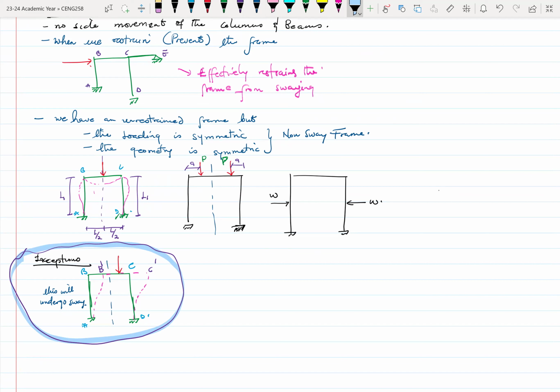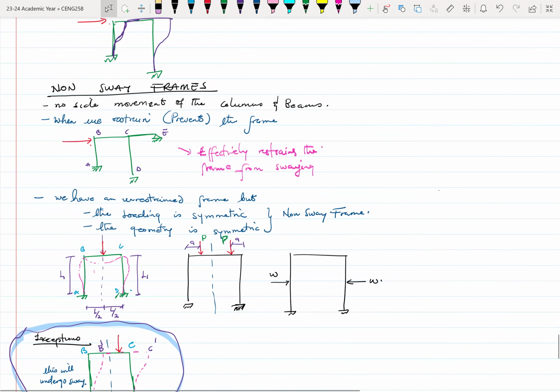All right. So we have two main ways by which sway can be prevented. One is if we provide some restraints, right? Usually the restraint can be the support system. And mostly we provide that restraint at the beam level.